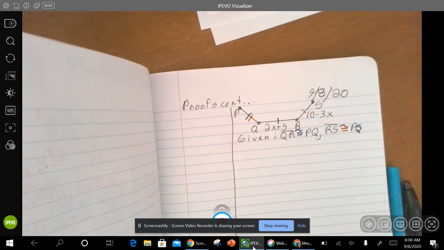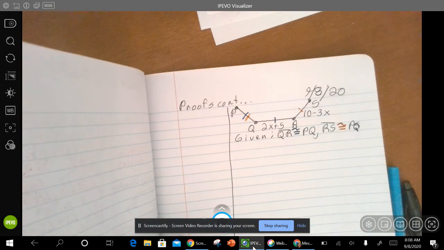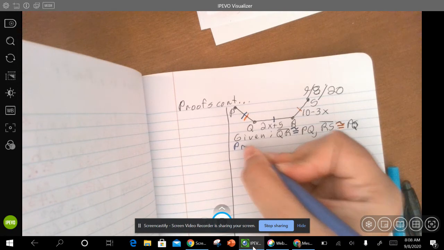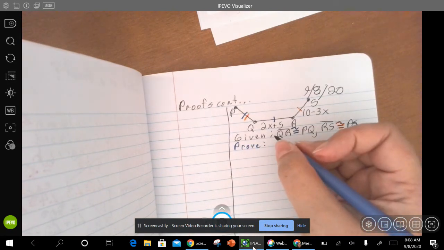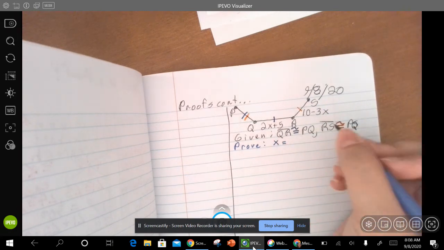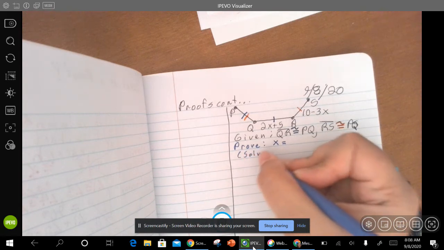And what we need to prove, everybody, is what x is equal to. So basically what we're proving is that we need to solve it.